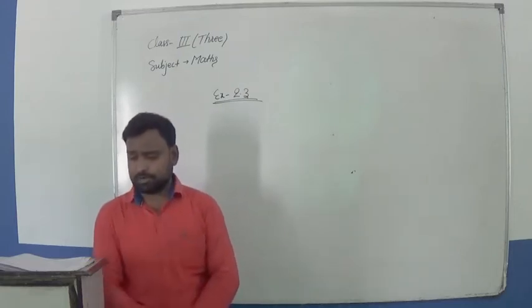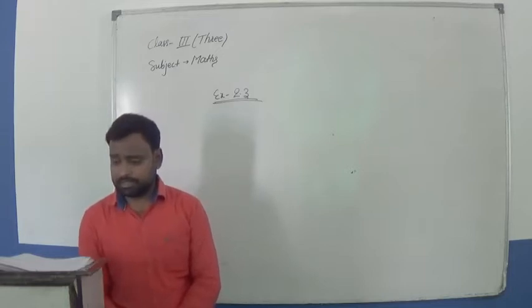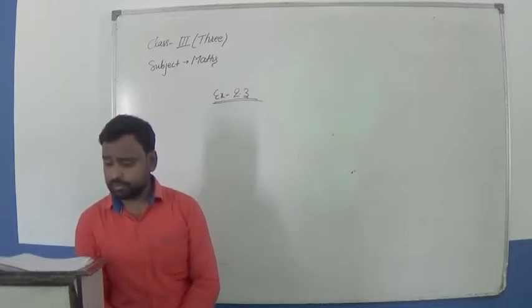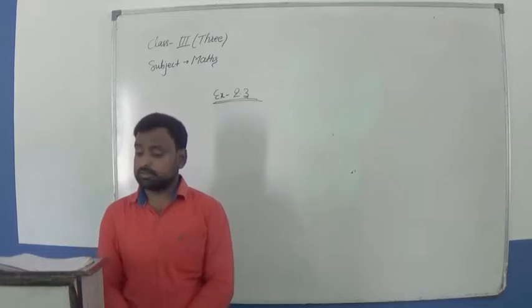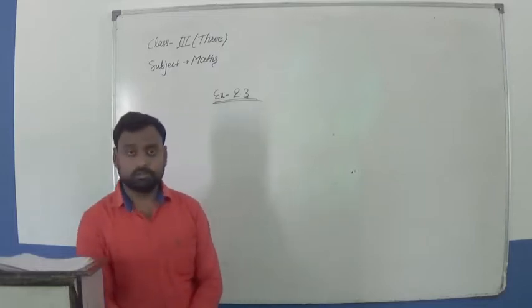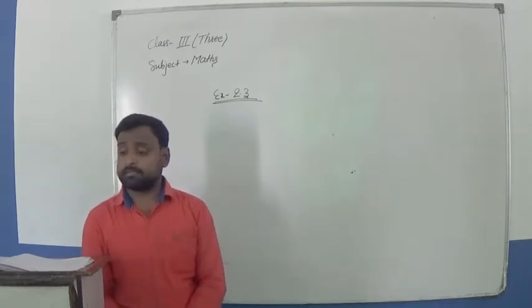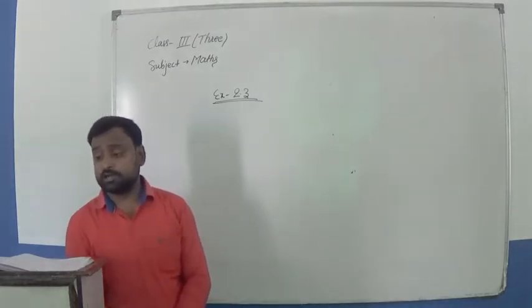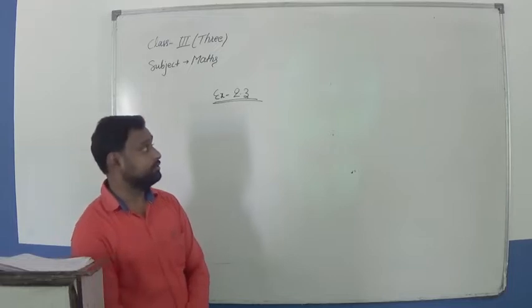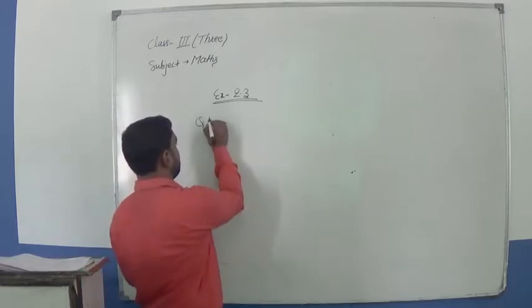I am doing this just to help you. Number one: write the face value, place and the place value of all the digits in the number 6035.